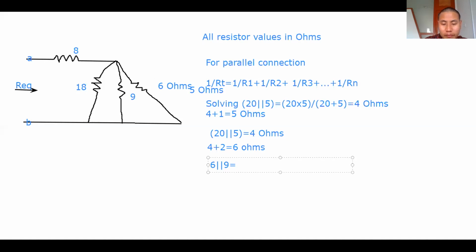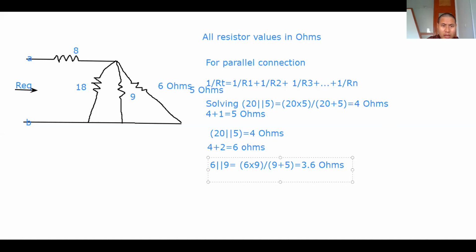So we have to calculate the equivalent resistor for 6 ohms connected in parallel with the 9 ohm. It is given by 6 parallel 9, so 6 times 9 over 6 plus 9. So the equivalent resistor is 3.6 ohms.